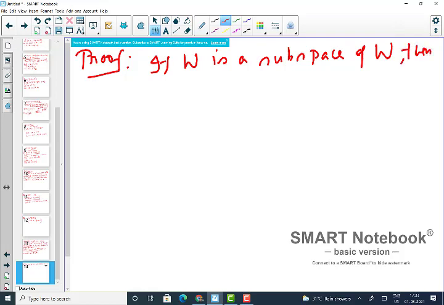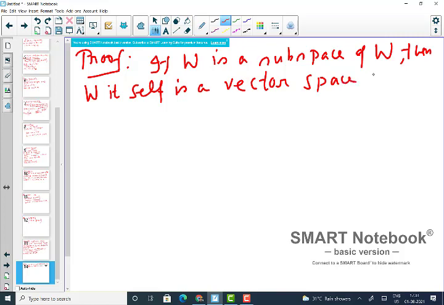Then W itself is a vector space or linear space, whatever, over F, and hence if you check all these three properties, all three conditions are true.